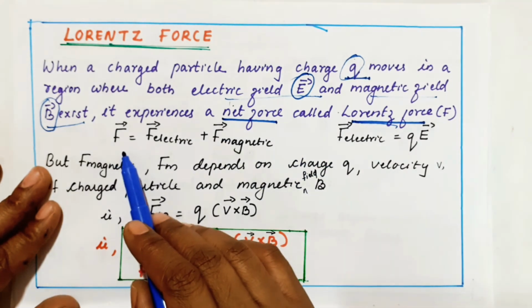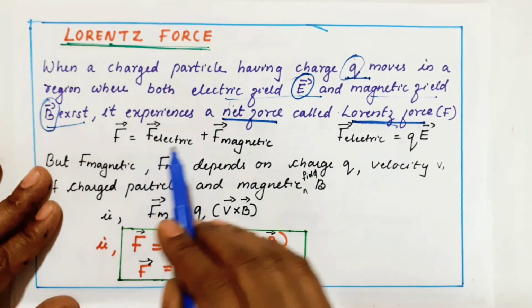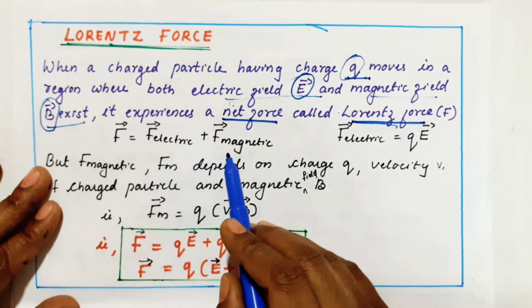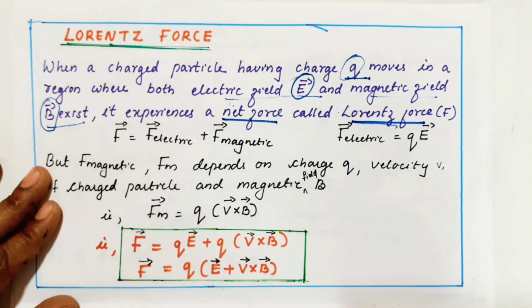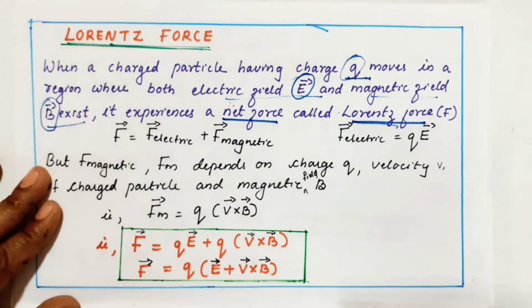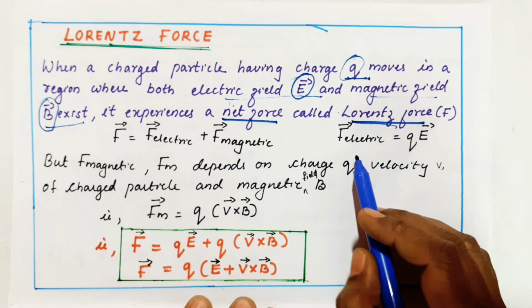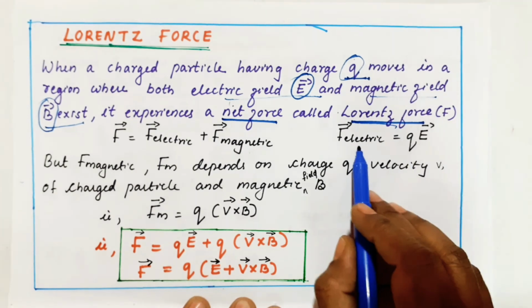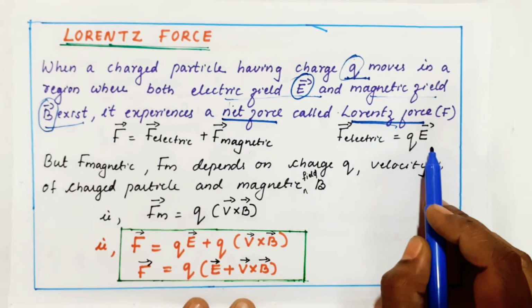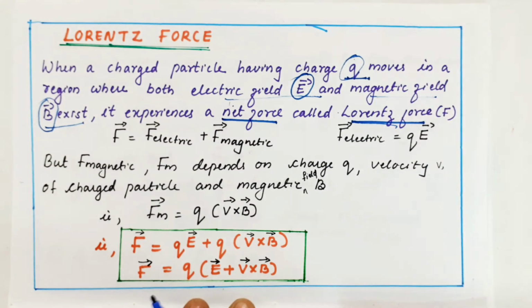So we get a net force. That net force is with the help of Lorentz force. So I can write the force is nothing but the vector sum of the electric force plus the magnetic force. F electric plus F magnetic. F electric we know, F equals QE. But F magnetic means force due to magnetic field.